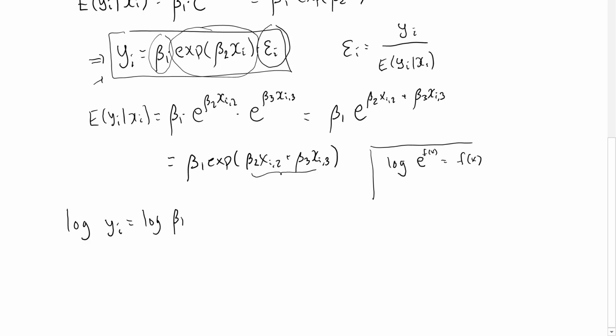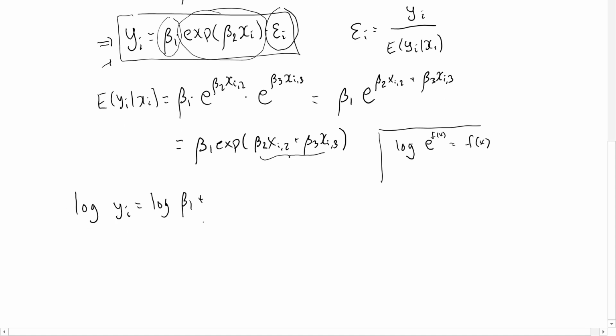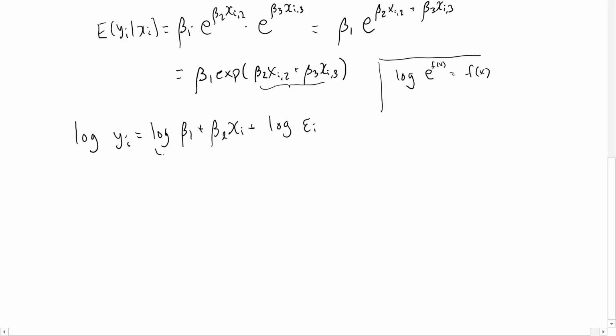So log beta 1 plus, the second term would be log of e to this. So log and e just cancel each other out, and we're left with beta 2 x_i plus log epsilon_i. Final step, we make this little trick. We call this beta 1 prime.